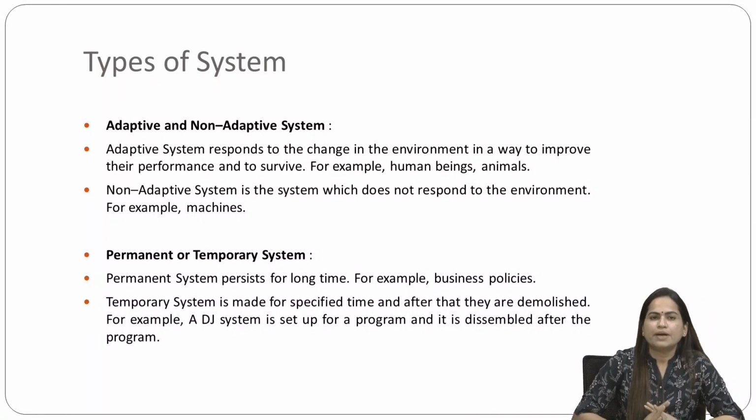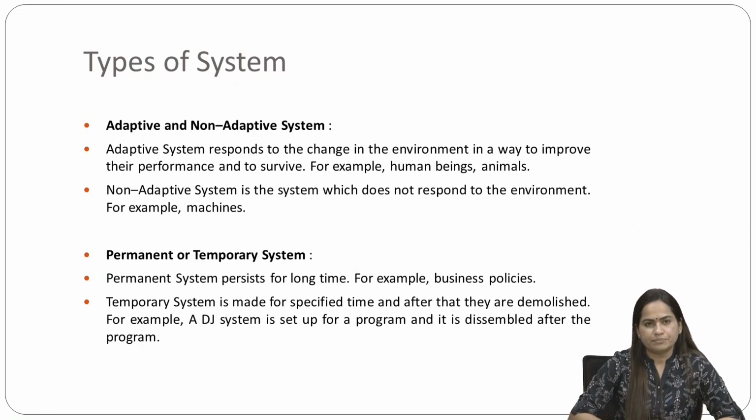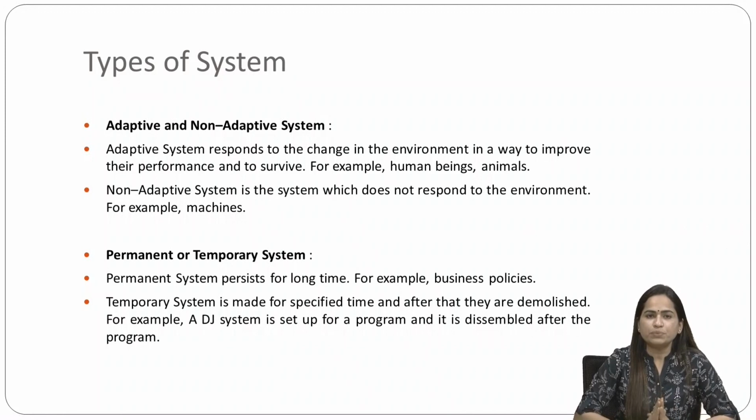After that we have adaptive and non-adaptive systems. An adaptive system responds to the change in the environment in a way to improve its performance and to survive. For example, human beings as well as animals.